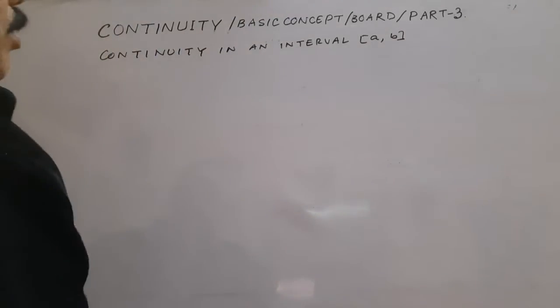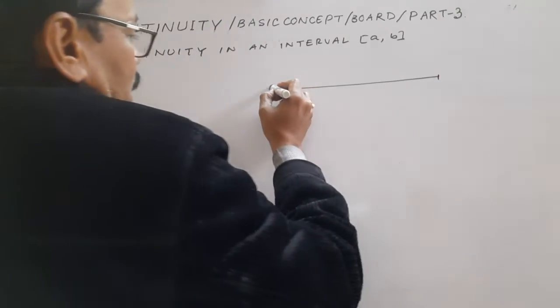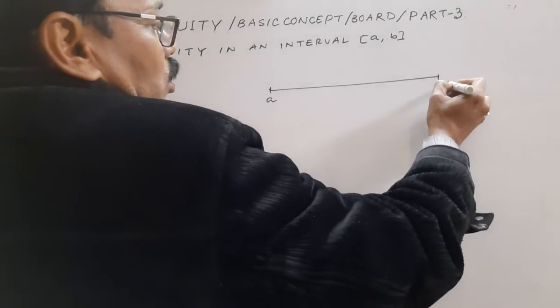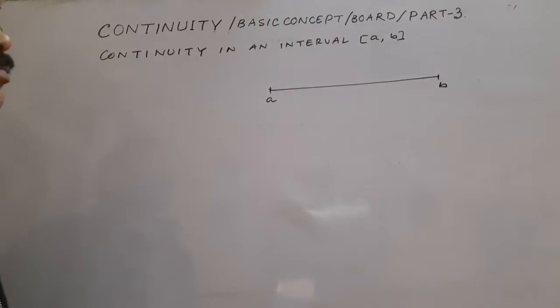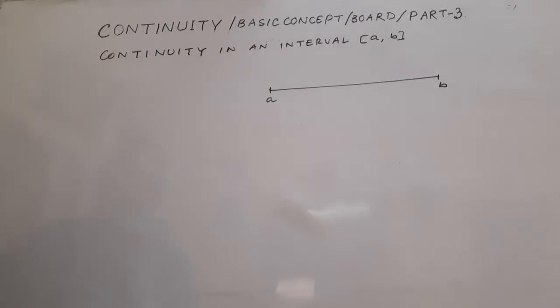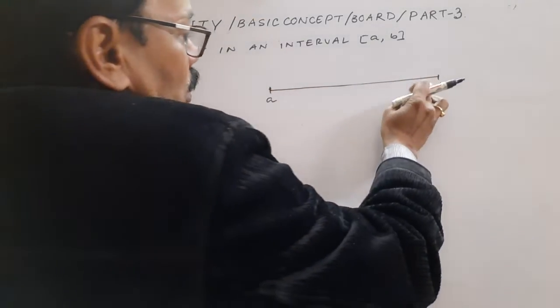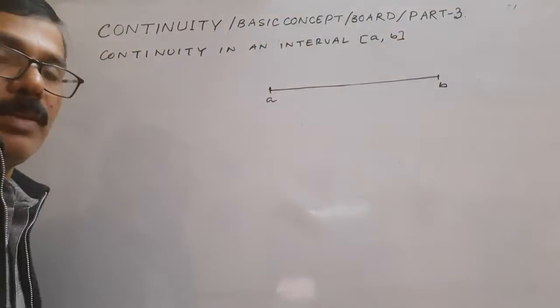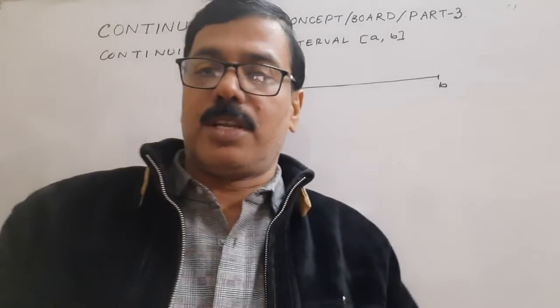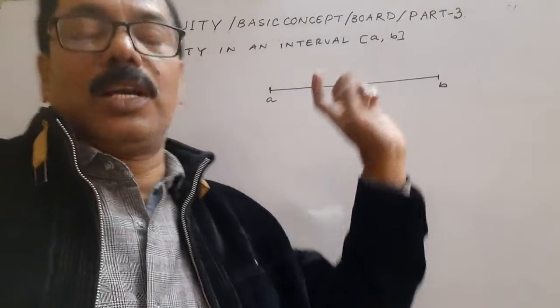So what is the definition? Suppose a to b is a closed interval and the function is defined here. If f(x) is continuous at all points in the said interval, then we say it is continuous in the interval.